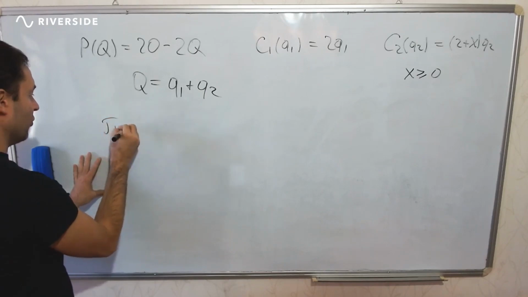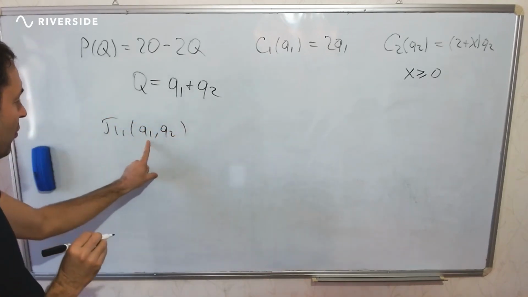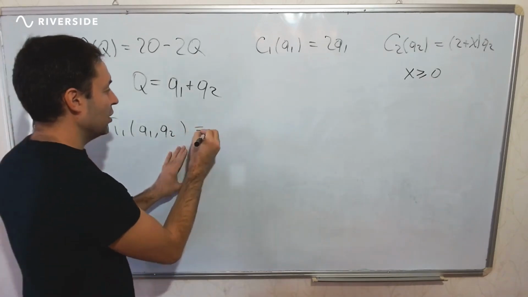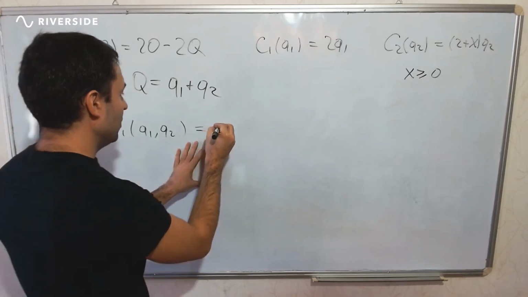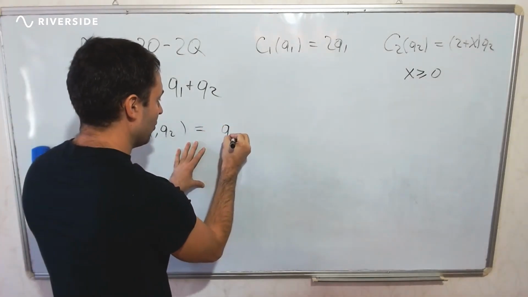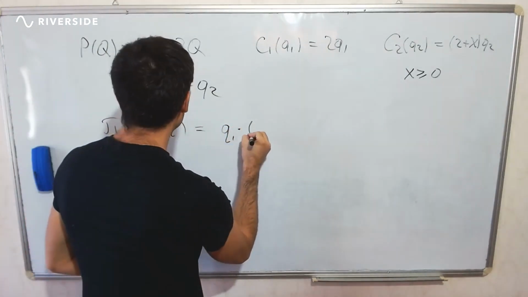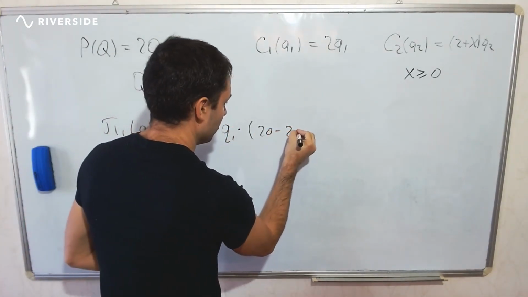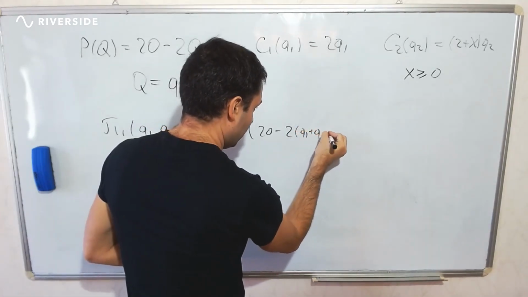So the profit function of firm 1 depends on the quantity produced by firm 1 and the quantity produced by firm 2 in the following way. If firm 1 decides to sell Q1 units, the price will be given by 20 minus 2 times Q1 plus Q2.